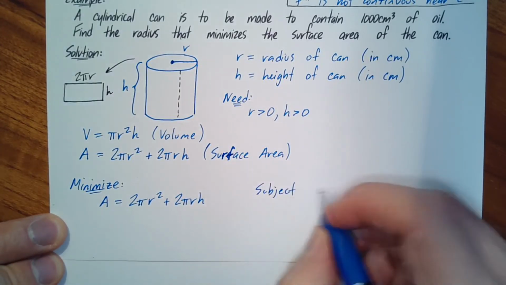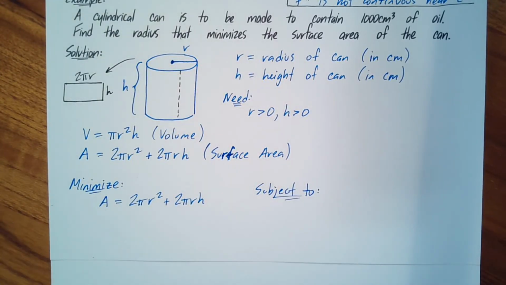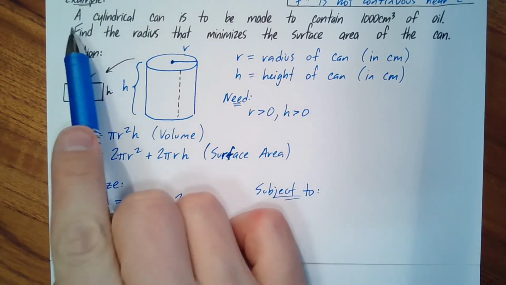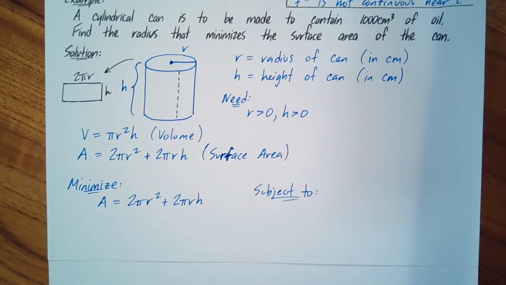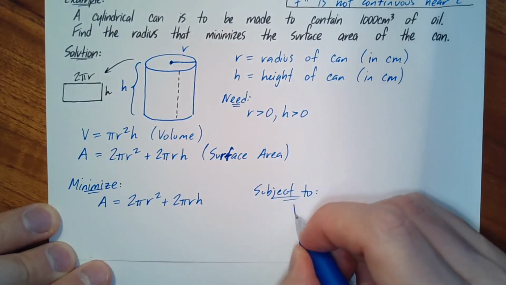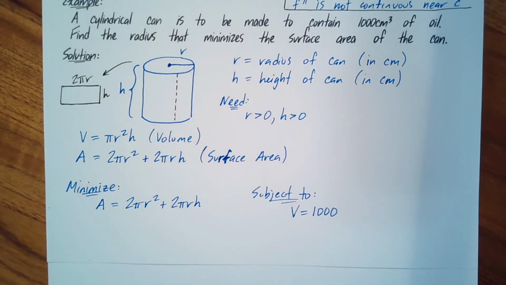And we want to minimize that subject to the following constraint. What's the constraint that we have to worry about? Well, it's given in the first sentence of the problem, right? A cylindrical can is to be made to contain 1,000 cubic centimeters of oil. So it has to contain 1,000 cubic centimeters of oil. That means the volume of this can has to be 1,000. So subject to volume equal to 1,000, right?